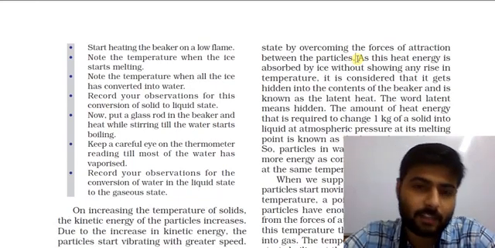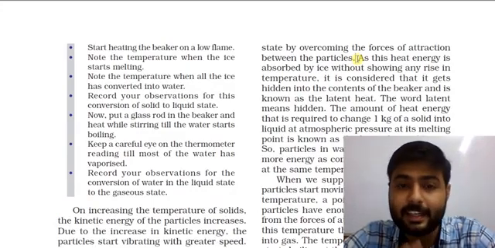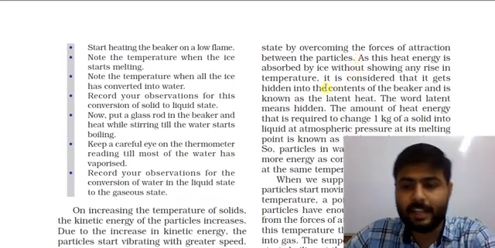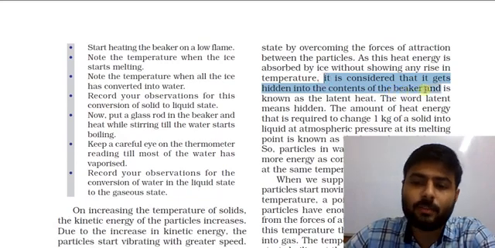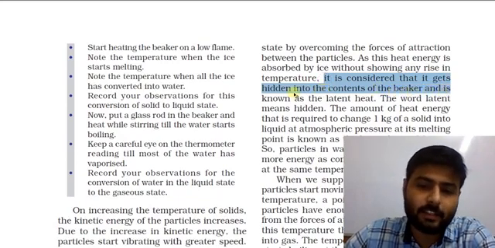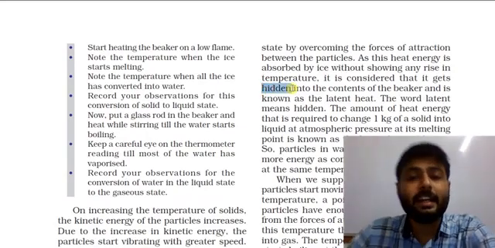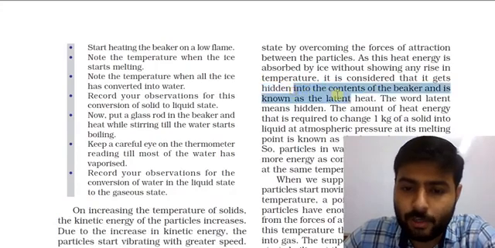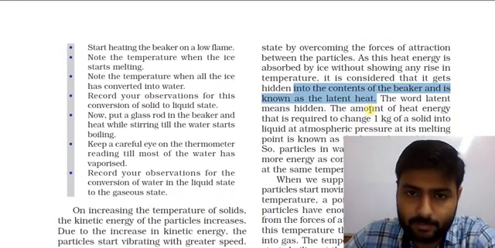As we are supplying heat but cannot notice any increase in temperature, we can say that it is hidden into the contents of the beaker. Here this word hidden is important. It is hidden into the contents of the beaker, and so we know this heat as latent heat.